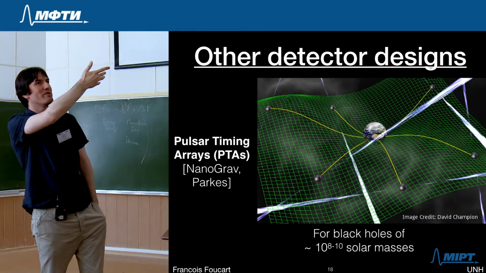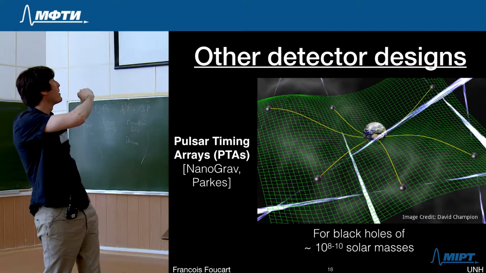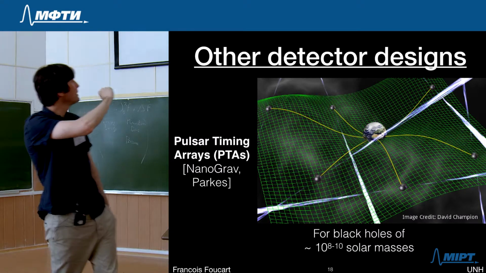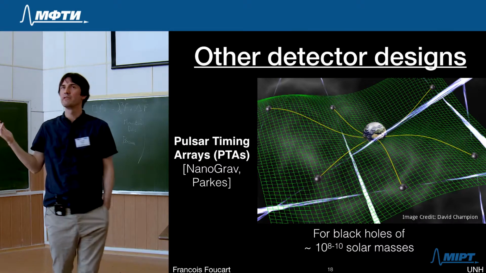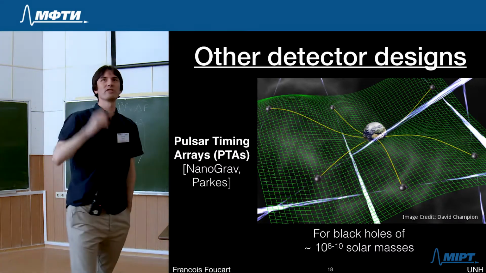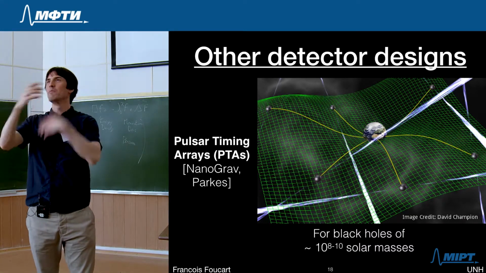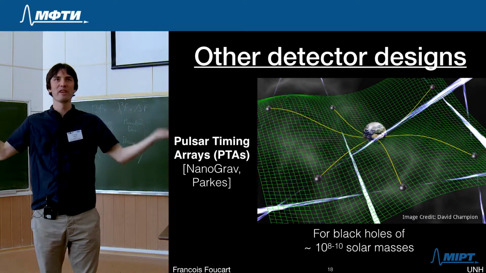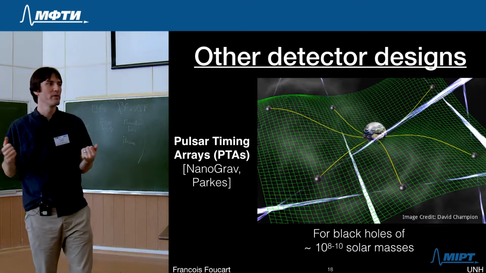Typically, that means that you are going to be sensitive to very, very massive black holes, 10 to the 8 to 10 to the 10 solar mass black holes in those PTAs. They haven't seen any gravitational waves yet. They also most likely won't be sensitive to a single loud black hole, but rather to the combination of multiple merging black holes in multiple galaxies, adding their contribution to the gravitational wave signal.